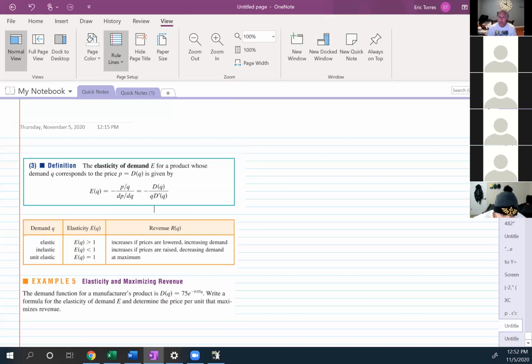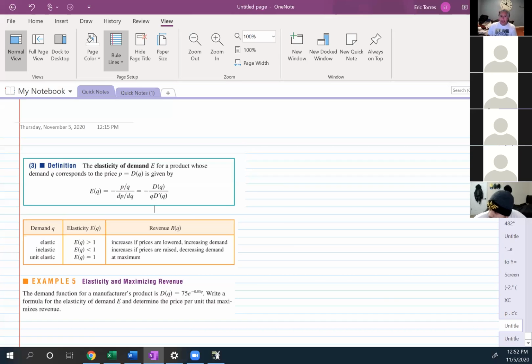Whenever this function is bigger than 1, if you lower your prices, demand will go up enough that you'll make more revenue. That's elastic. If I lower my prices, the demand will go up so significantly that my revenue will go up. Inelastic says the exact opposite.